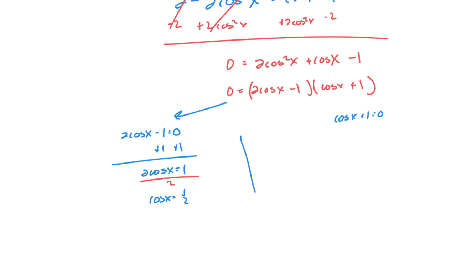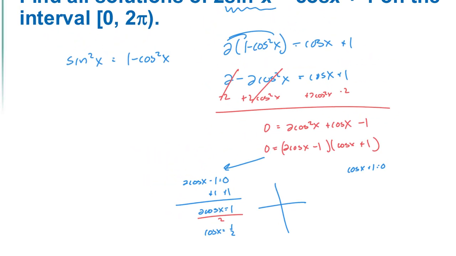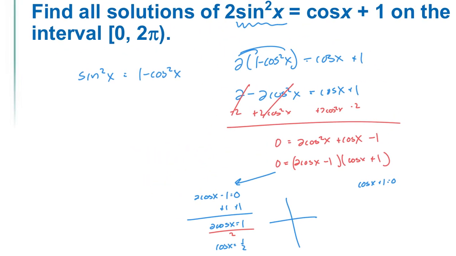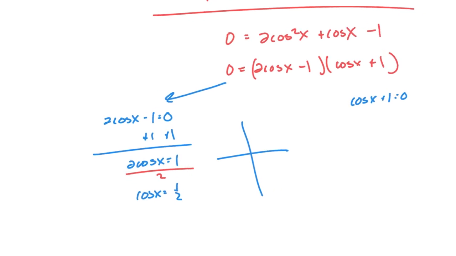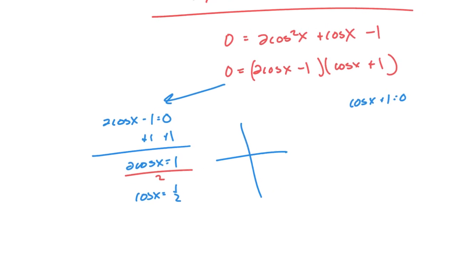And if I picture my coordinate plane, okay, now before I forget, I do want to point out here that this did give us the interval 0 to 2 pi. Okay, so we're looking at any possible answers around this whole thing. So knowing that cosine of x has to equal positive 1/2, we could be in the first quadrant or the fourth quadrant. Cosine of 1/2 would be 1 here and a 2 here. And if I think about my reference triangles, that would make this angle right here pi over 3.